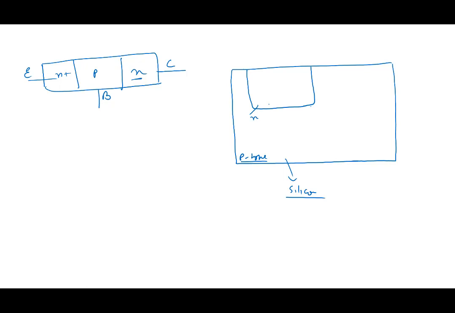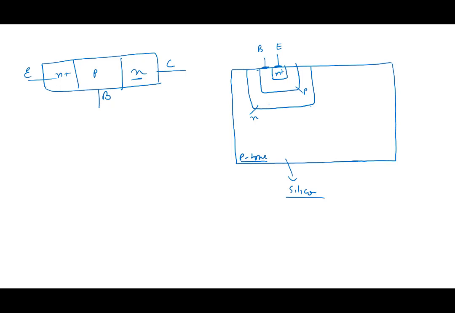This is N-type. Then within this region, they will make this region a P-type. Then within this region, they will make this region N plus N-type here. Right? So do you see where the emitter is? The emitter is here, at the top. Where is the base? The base is here.